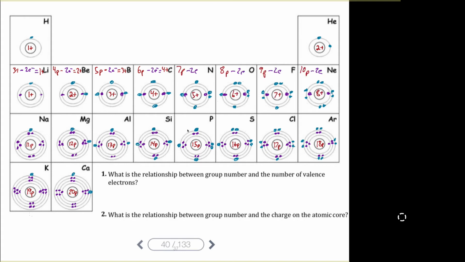So again, I just filled out that first row there, and what I want you to notice, and when I say the first row, I mean the second row, this second row here, is that all of them have 2 inner electrons. So notice how the inner electrons don't change in the row. As you go across the row, they don't change. And notice how the core charge, the effective nuclear charge, changes.